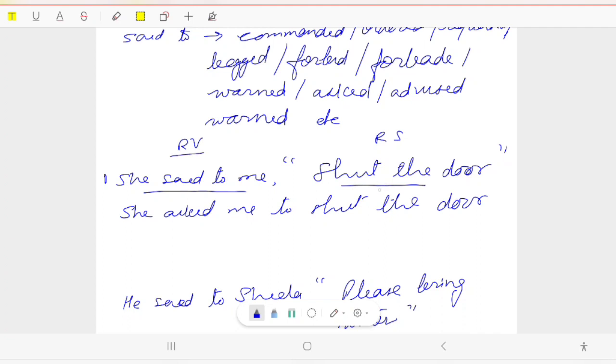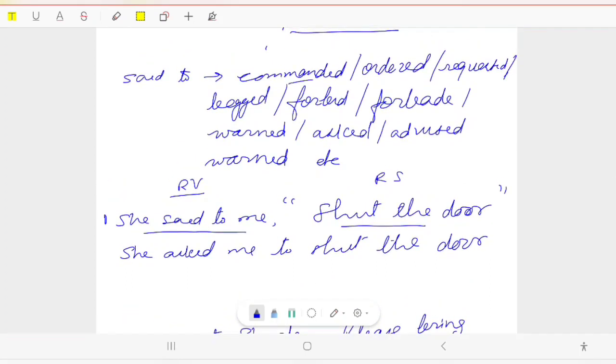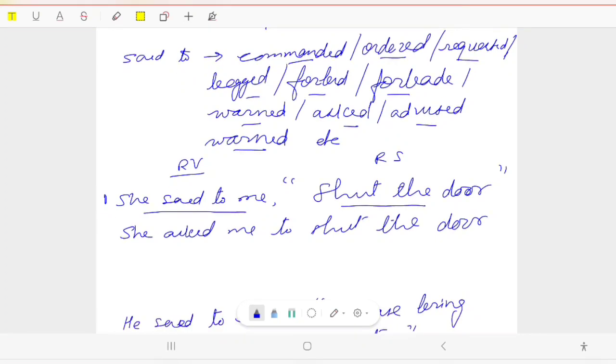In imperative sentences, said will be changed into commanded, ordered, requested, begged, forbade, warned, asked, advised. Like this it will be changed, according to the meaning of the sentence which is given in RS. Now, shut the door seems as if it is an order. So for this purpose you can say ordered also. Ordered or asked. She asked me.